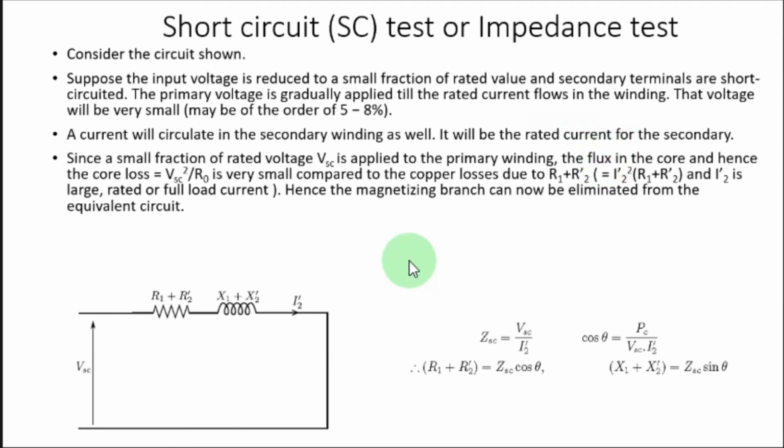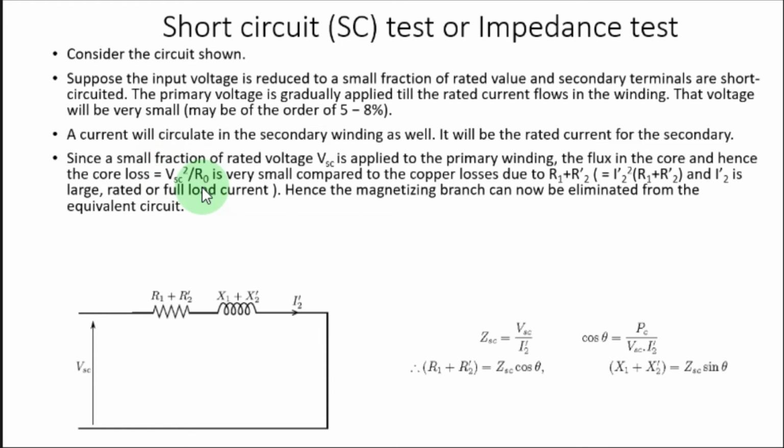Since a very small fraction of the rated voltage VSC is applied to the primary winding, the flux in the core, and hence the core loss, will be equal to VSC squared over R naught.